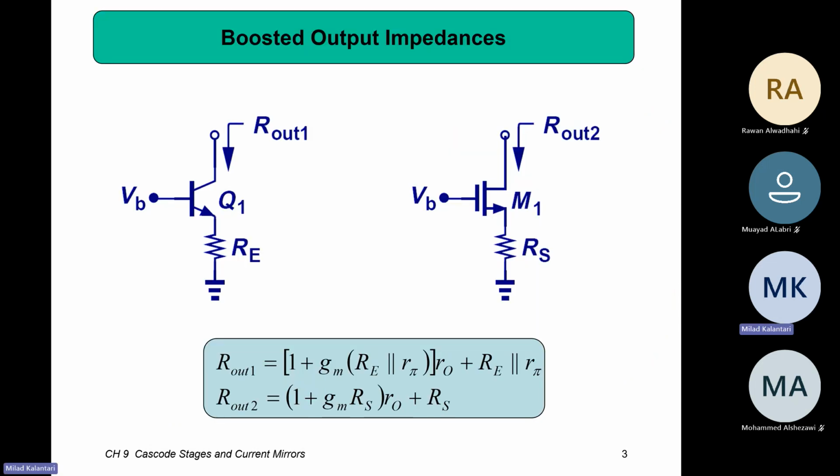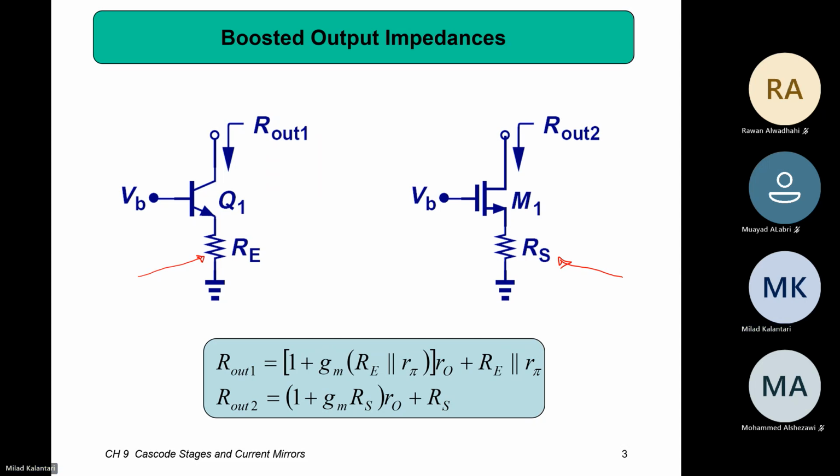And we are seeing how we can increase basically the output impedance of the device. So if you remember, one of the ways was adding some degeneration emitter resistor, basically, or some source impedance for the MOSFET, right?